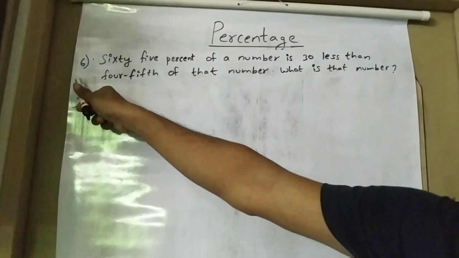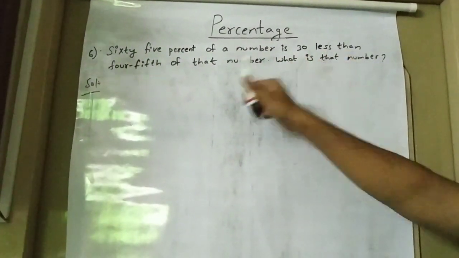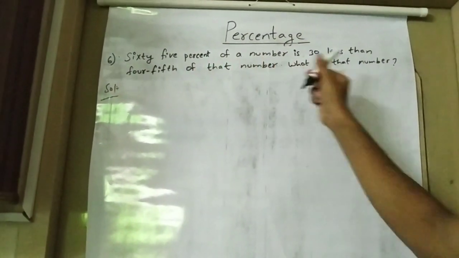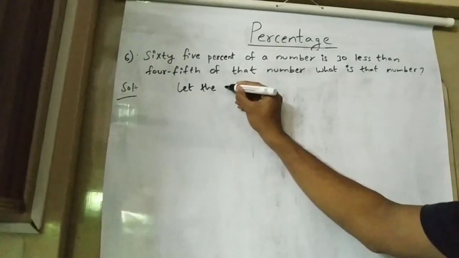Okay. So in this sixth question it is given as 65% of a number is 30 less than 4/5 of that number. What is that number? Let the number be x.